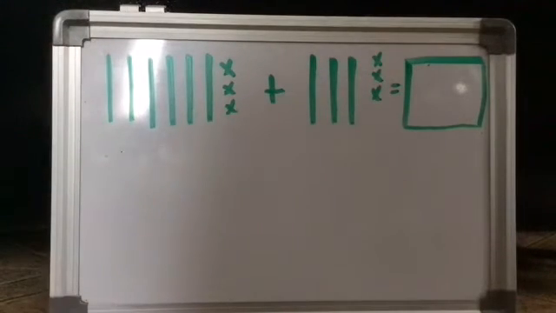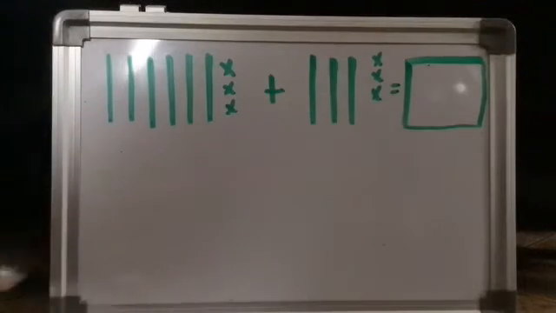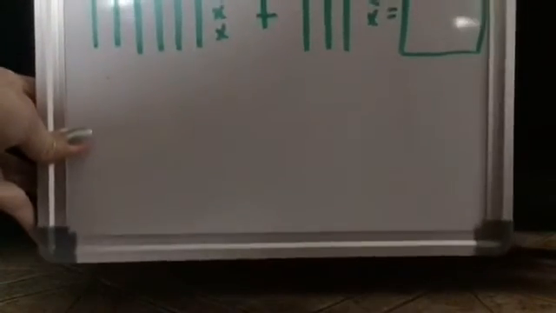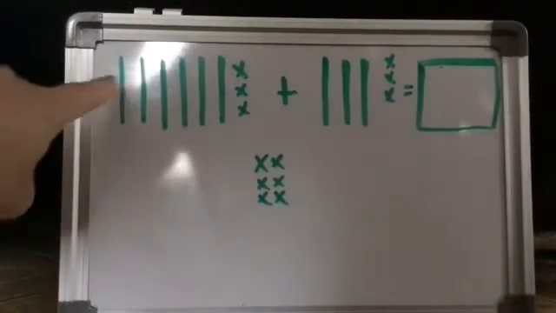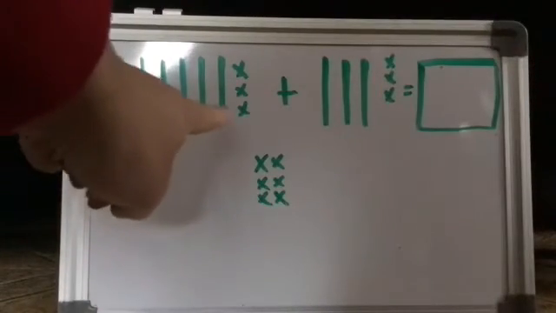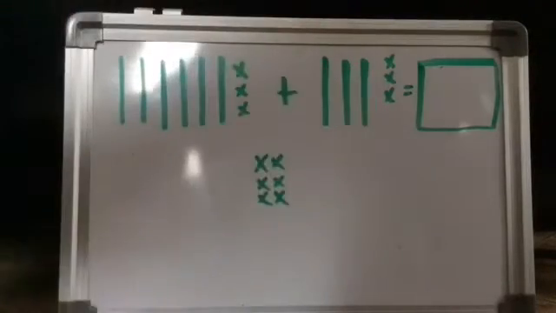Good time to pause if you didn't already find the answer, but if you did, we're going to add our cubes together. 1, 2, 3, 4, 5, 6 cubes. And then we're going to add our rods together. So now I have 1, 2, 3, 4, 5, 6, 7, 8, 9. Ooh, 9 rods.